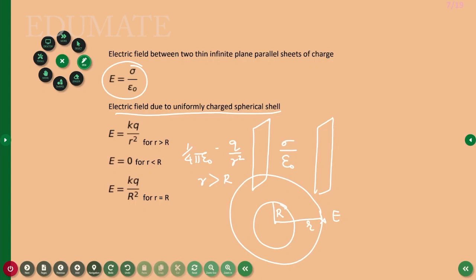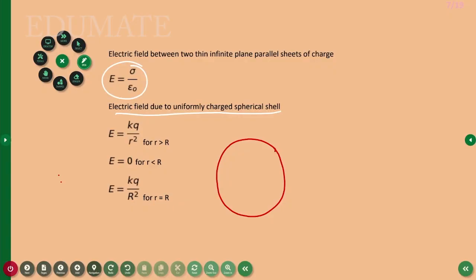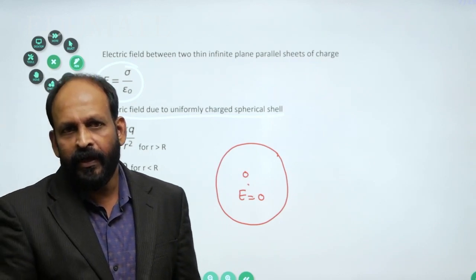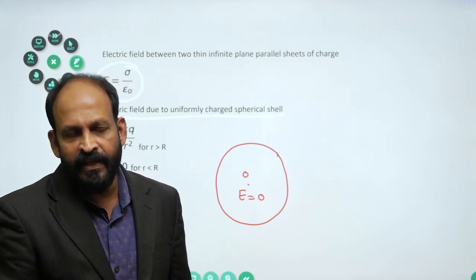Now we have to find the electric field intensity at a point outside the conducting shell. Let O be the center of the sphere. The electric field intensity inside the conducting shell is always equal to 0. This is because the field is produced by the presence of electric charges, and charges need a platform to stay on the surface.